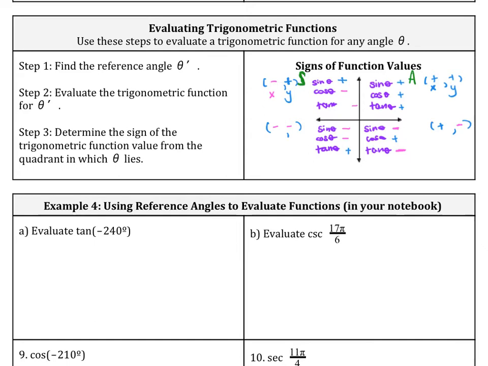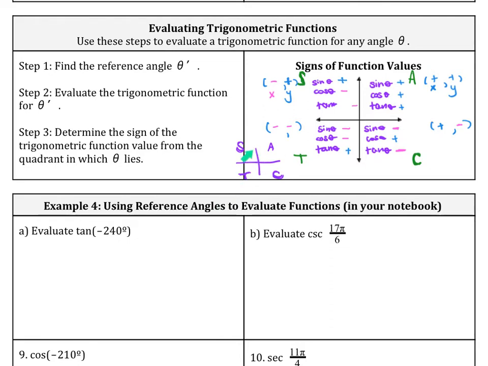In quadrant 3, the only one that's positive is tangent, so that is T. Then in quadrant 4, the only one that's positive is C, for cosine. Going from quadrant 1, 2, 3, and 4, it is A, S, T, C. This is a way to help you remember what sign it is depending on what quadrant it ends in. A stands for all positive, S stands for sine, T stands for tangent, and C stands for cosine.